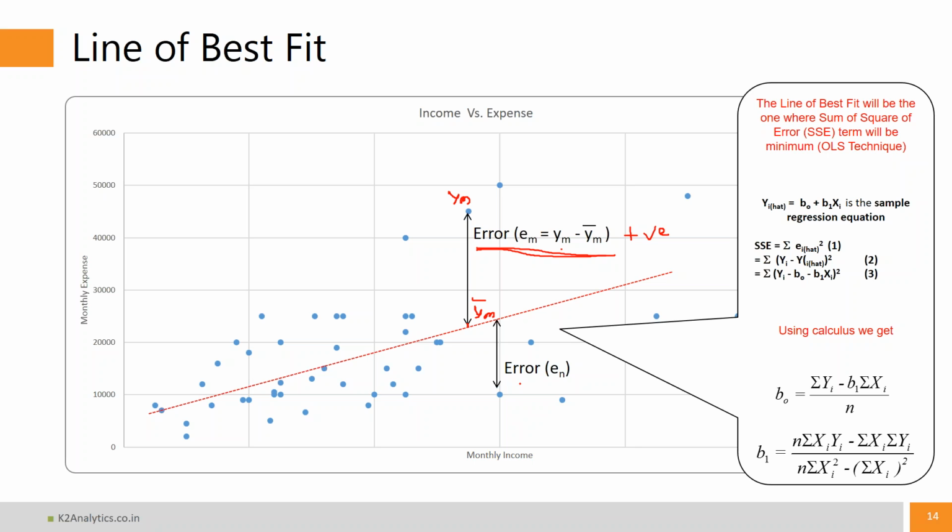Now for this data point, I can similarly calculate ym minus ym hat. ym in this case would be, let me say not ym, let me say this as yn, because it's another data point. And this corresponding value, I'll say yn hat. So this difference will be negative.